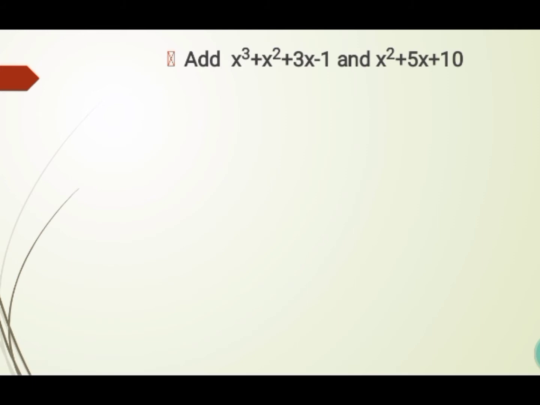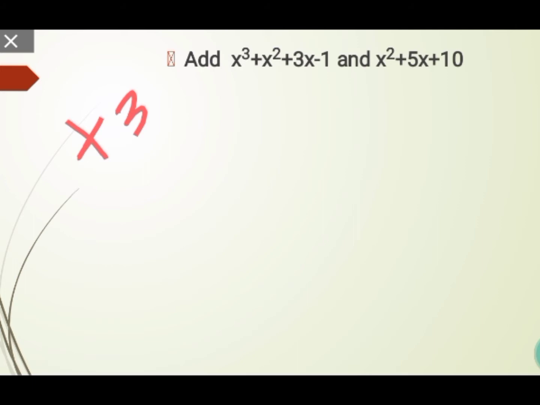In this situation, you're going to combine only the similar variables. So we have x cubed. Then x squared plus x squared.